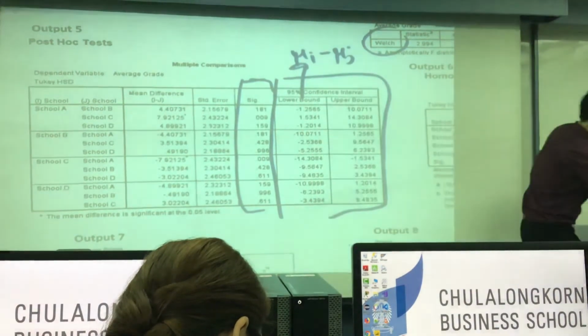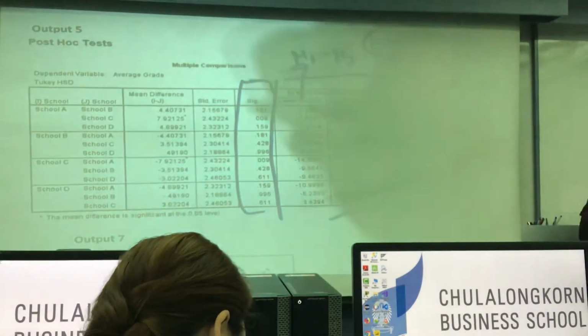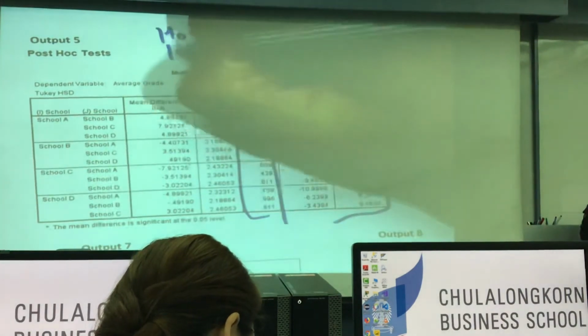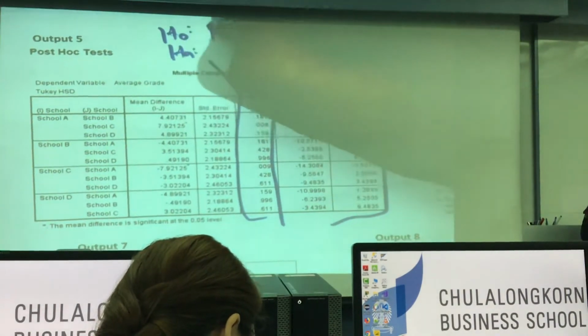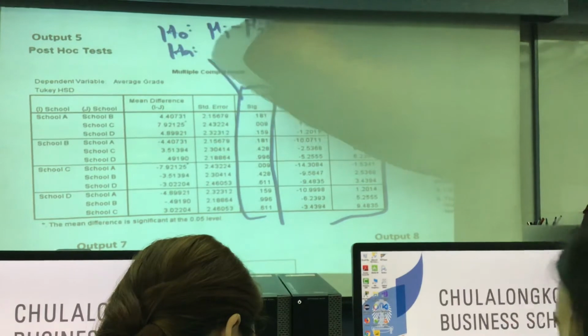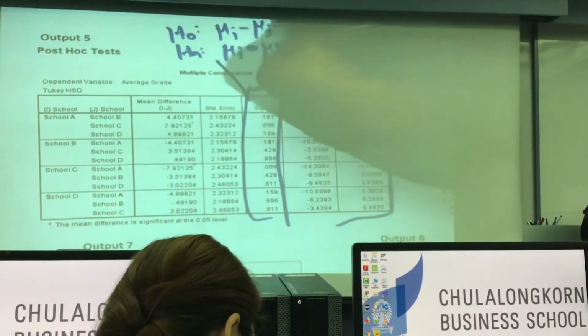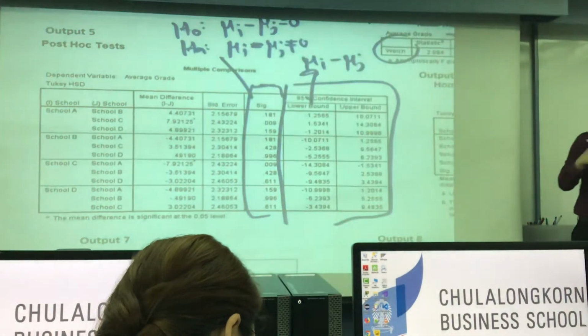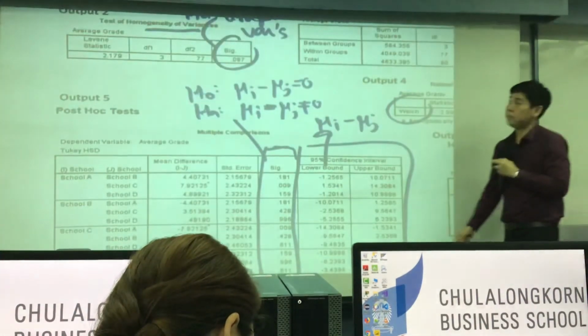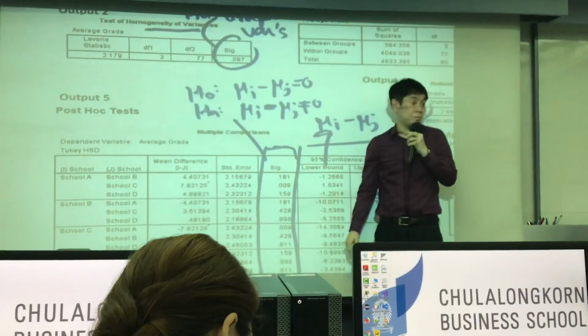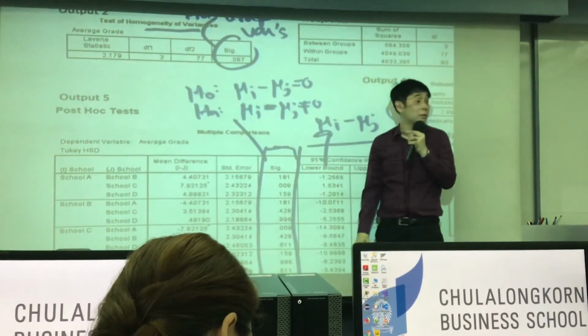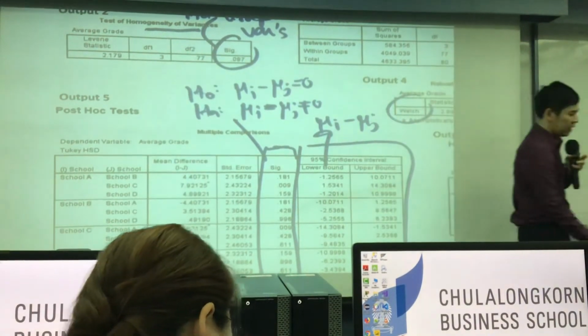Before you use a p-value, you have to ask yourself what is H0 and what is HA. This one is mu i minus mu j equal to 0, and mu i minus mu j is not equal to 0. You see what it means? These two are the same. These two are somewhat different. To make it easy, this is a sub-test.